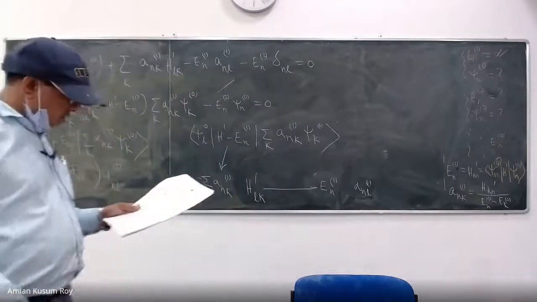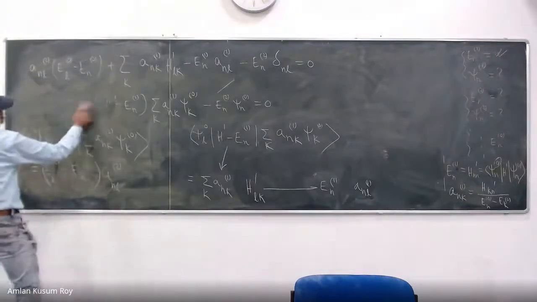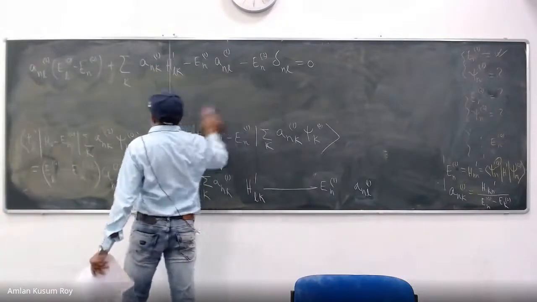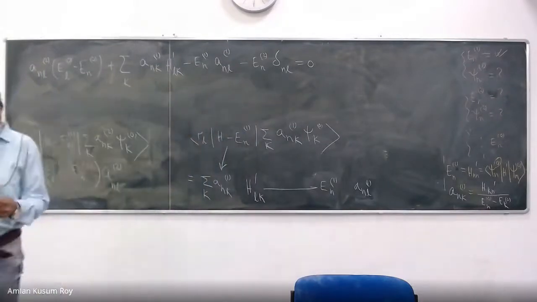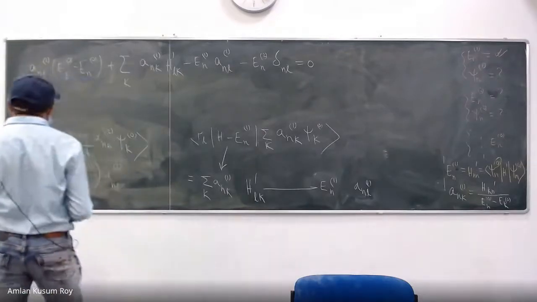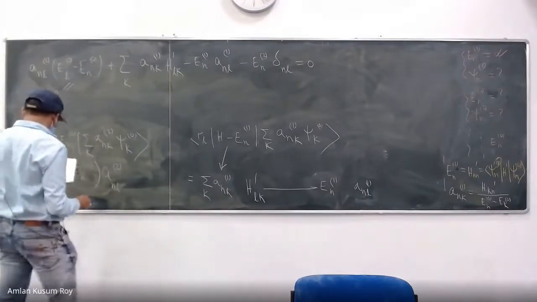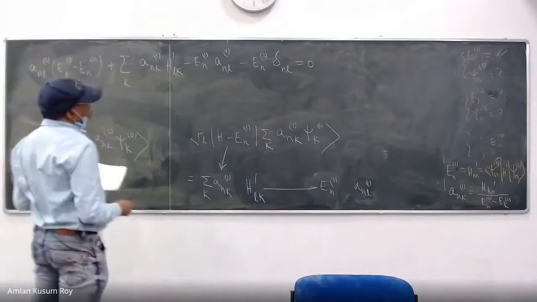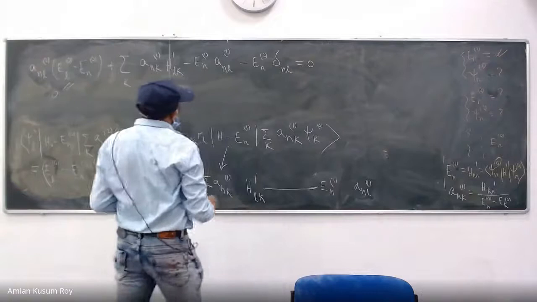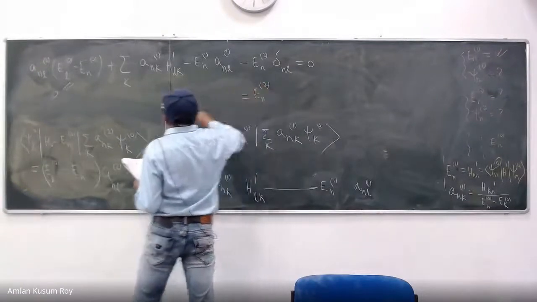Now let us do this quickly. Just like the previous case, let us see what happens when L is equal to N. When L is equal to N, I get these things to be 0. So this becomes E_N^2, and I write it equal to E_N^2 on the right-hand side, and I am left with this guy.